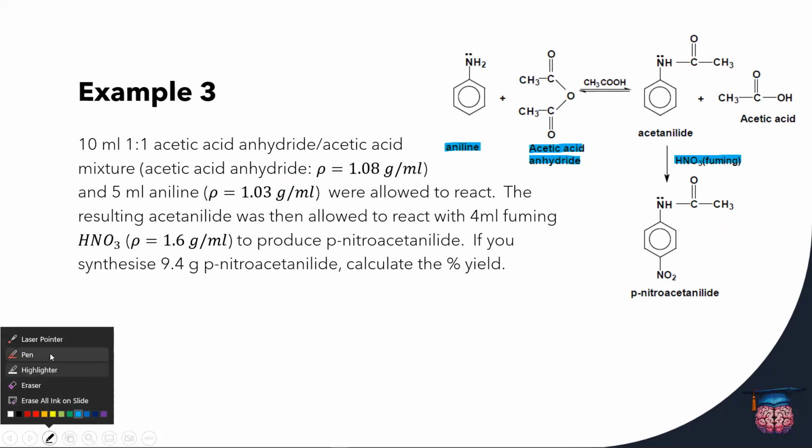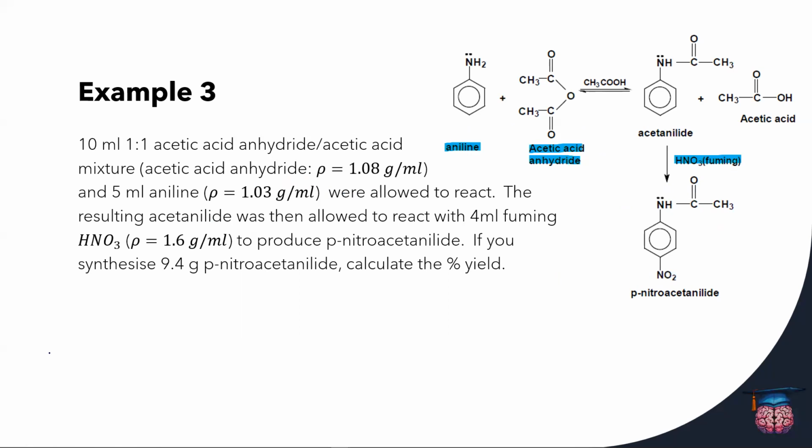Now we need to go and calculate the limiting reagent. And this is done by calculating the moles of each and then comparing it to see which one has the smallest 1:1 ratio. So let's start with the acetic acid anhydride. But now we have a little extra step here because we have a 1:1 acetic acid anhydride and acetic acid mixture. So this is a 50-50% mixture, and we have 10 milliliters of this mixture.